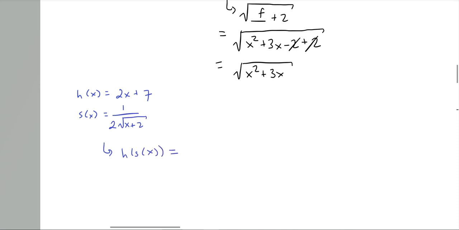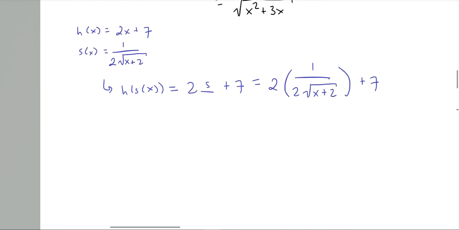Remember, all we're doing is, wherever there's an x inside our h function, we plug in the entire s of x function. h is just telling us 2 times something plus 7, and that something is our function s. If we substitute it in, we have 2 times the entire s of x function, 1 over 2 square roots of x plus 2, and then we add 7 to that whole thing. If we simplify, these 2's cancel out, so we're left with 1 over the square root of x plus 2, all added to 7.